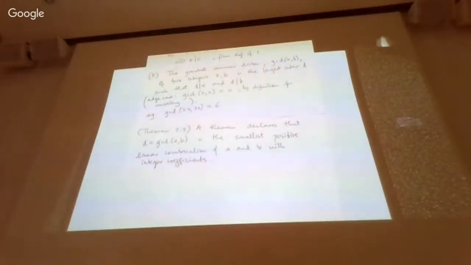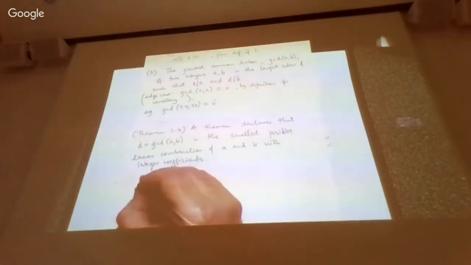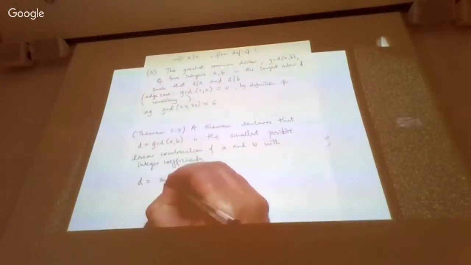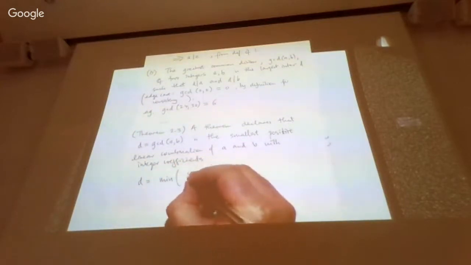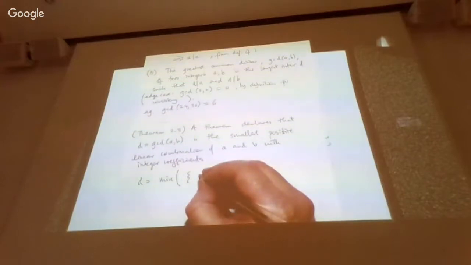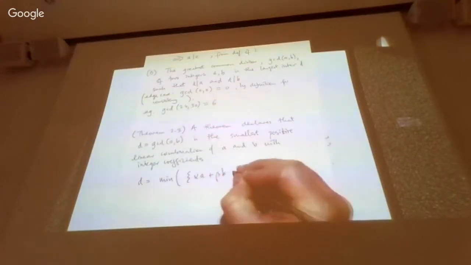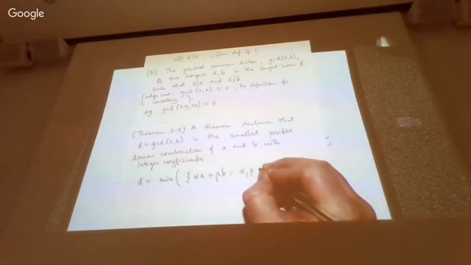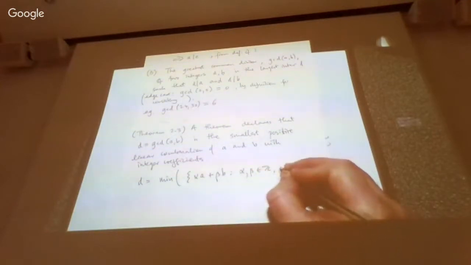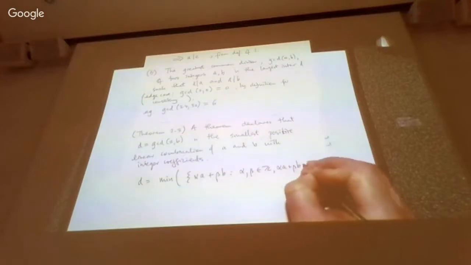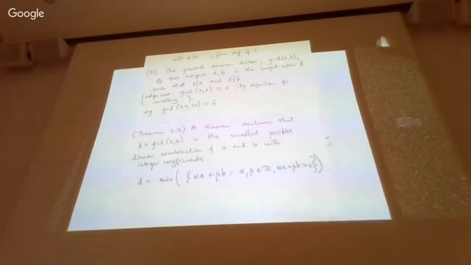Okay. So D, in other words, D is the minimum of the set of all linear combinations of A and B, such that alpha and beta are integers, and alpha A plus beta B is strictly bigger than 0.